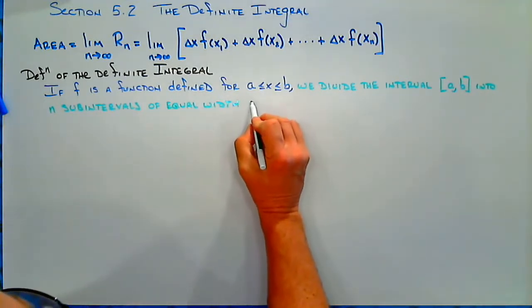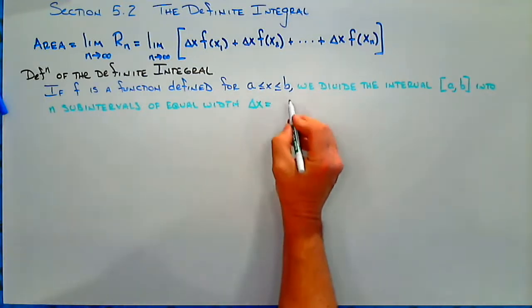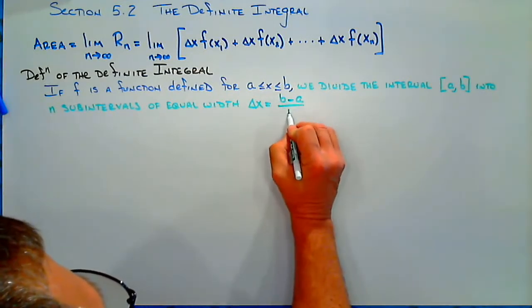And we're going to call that width delta x. And you and I already know what that width is going to be. That's going to be b minus a over n.